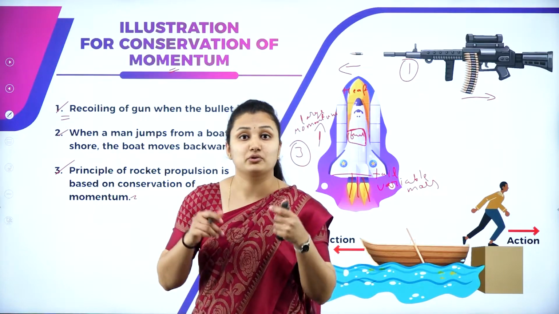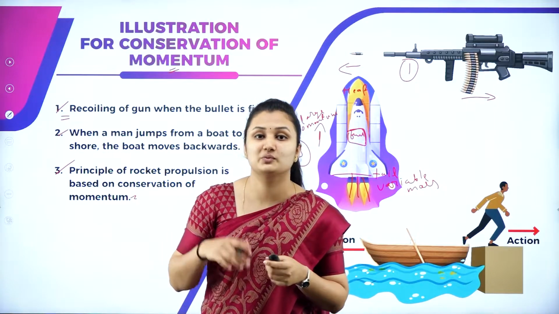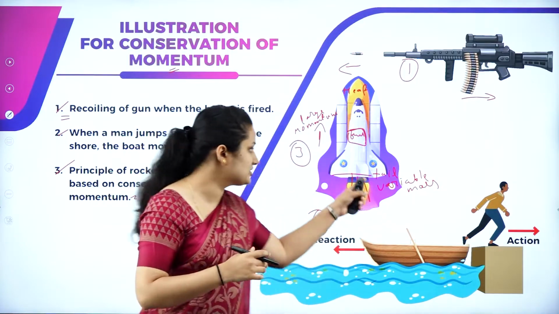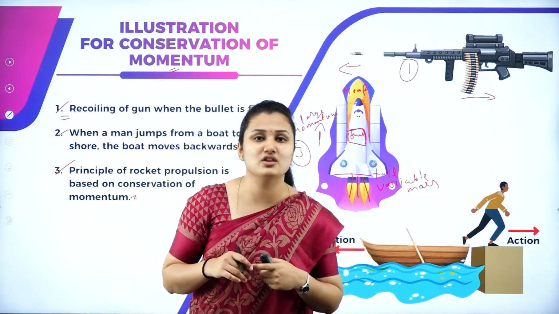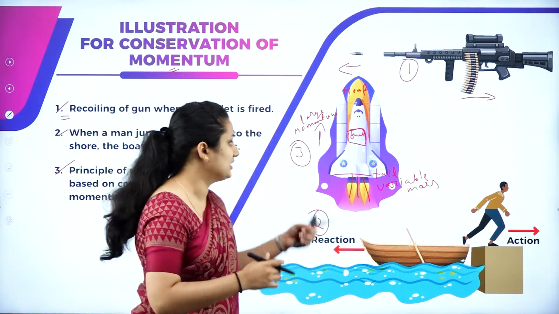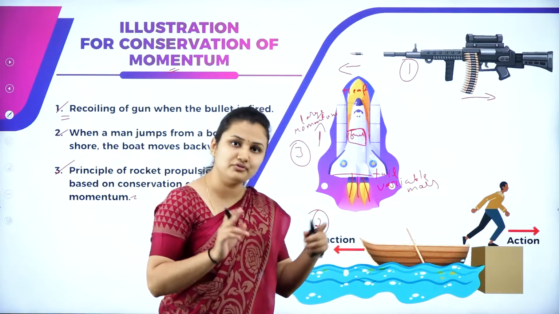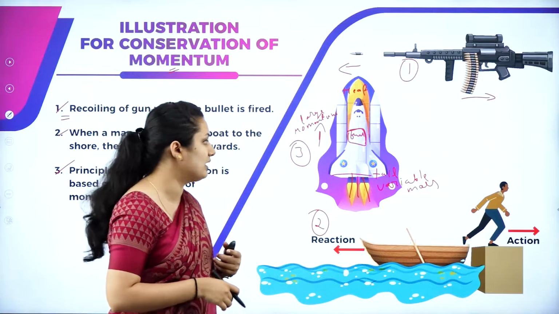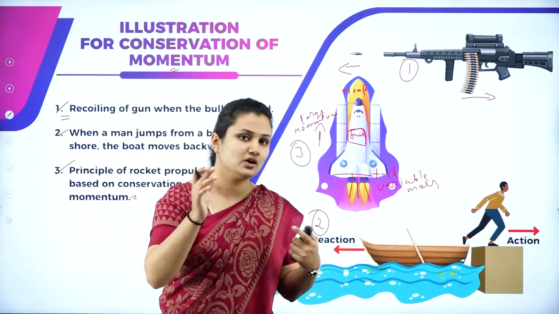So again, we have to question Newton's second law of motion, which says mass is a constant. But when it comes to rocket propulsion, we have something called variable mass, m. That questions Newton's second law of motion. In the upcoming sessions, we'll discuss in detail the variable mass, where Newton's second law is questioned.